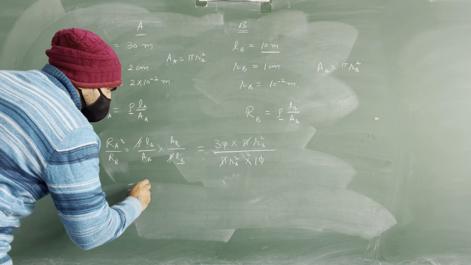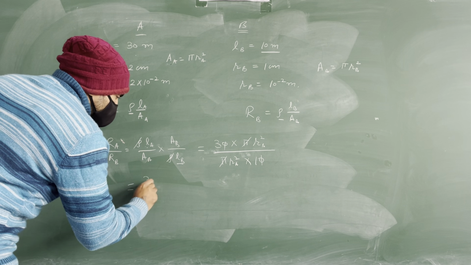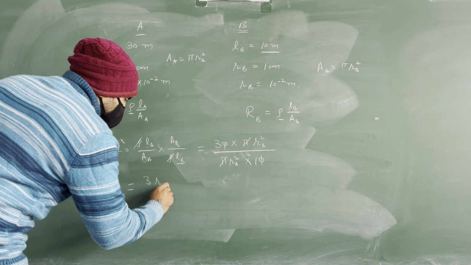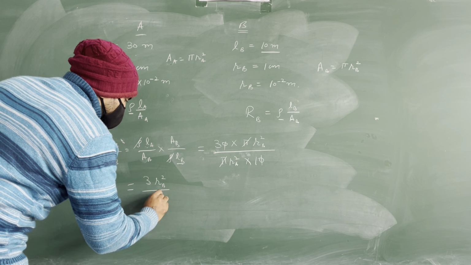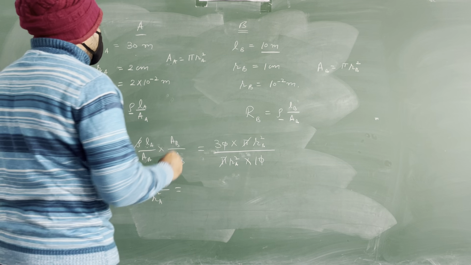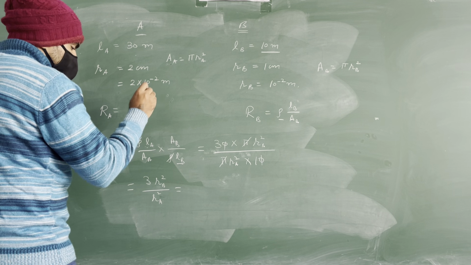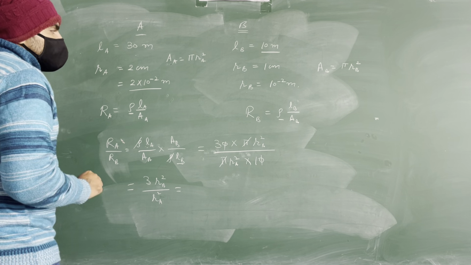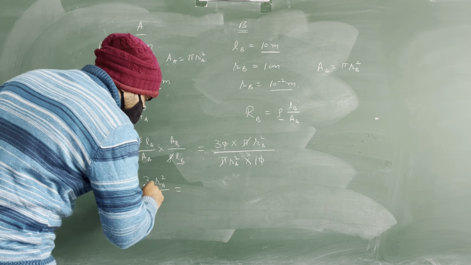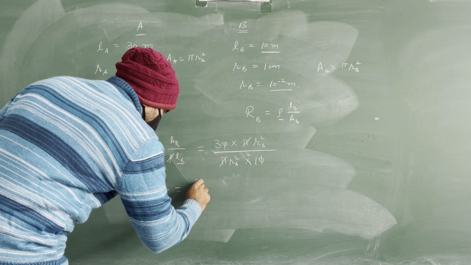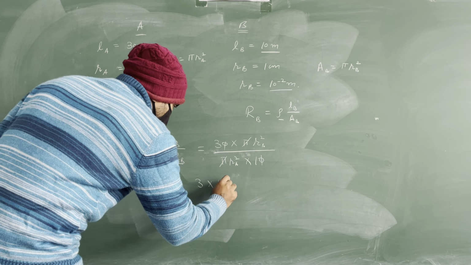We have the value 3 rb square divided by ra square, where the value of ra is 2 into 10 raised to power minus 2, and rb is 10 raised to power minus 2. Let's put in 1 by 3 into 10 raised to power minus 2.